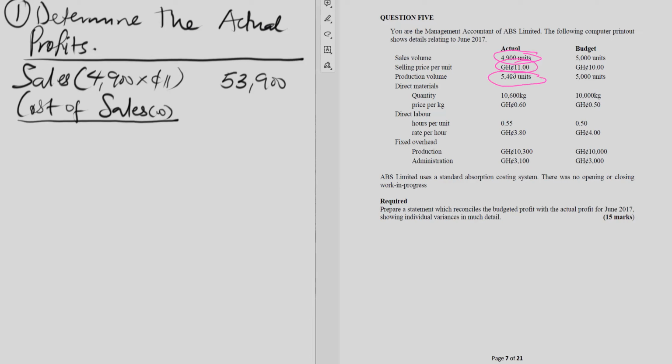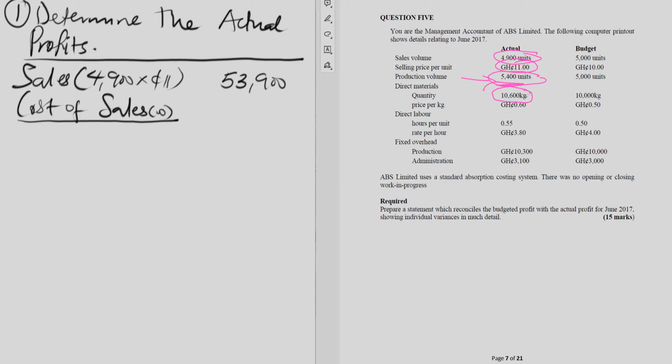If you look at this, we know that we are producing 5,400 units. When you look at the materials, they have already quantified this in units for us. That means 10,600 kilograms of the material was used to produce the 5,400 units.